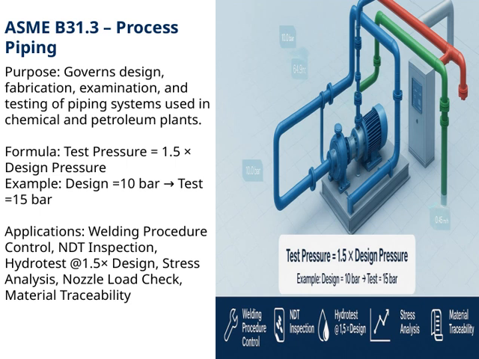Additionally, the standard emphasizes stress analysis to prevent failure under operational loads, nozzle load checks to ensure attachments don't cause stress concentrations, and material traceability to ensure all materials used meet specified standards. Overall, ASME B31.3 ties into the broader theme of safety and quality assurance in process piping systems, helping us maintain reliable and secure plant operations.